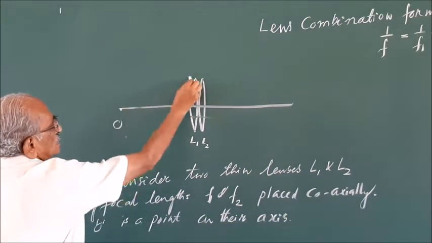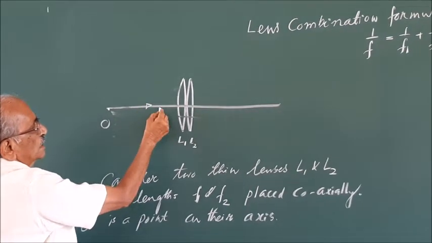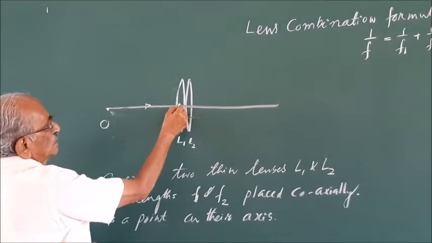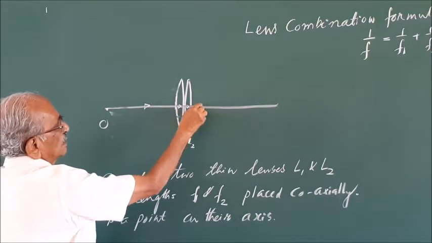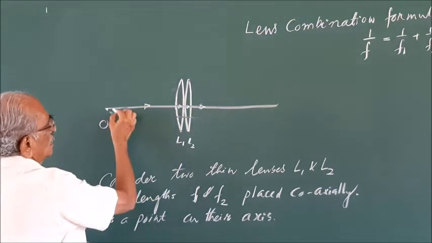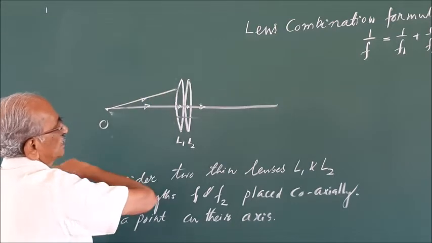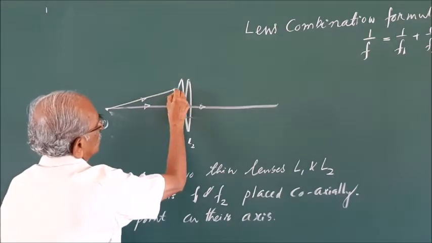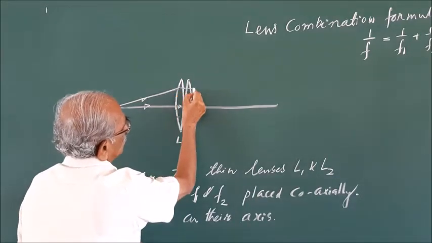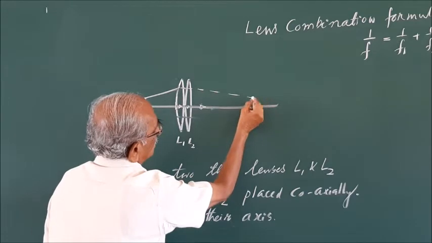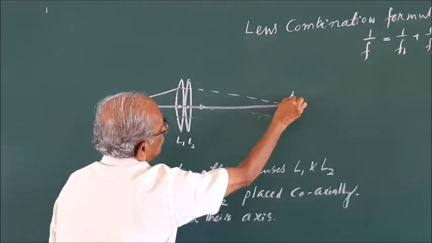Let us consider light going from O. A ray of light traveling along the axis falls normally, so it continues to travel in the same direction, again falls normally and goes in the same direction. Any other ray like this, you have a light beam, undergoing refraction, would have formed, on account of refraction in the first lens, an image here.